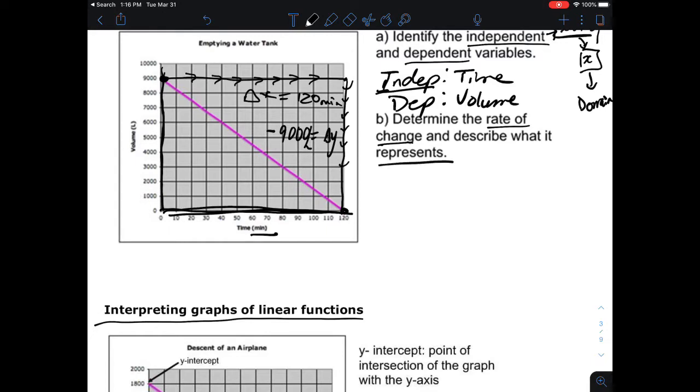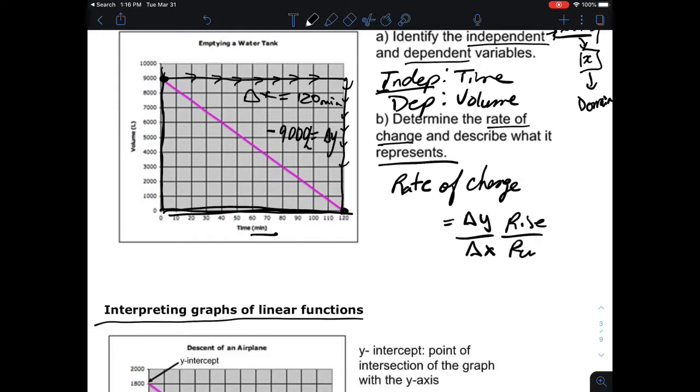So over here, when I'm calculating the rate of change, that's going to be equal to the change in y over the change in x, the rise over the run. And you can see that my rise is actually negative because this graph is going downwards. So that's negative 9,000 over 120.